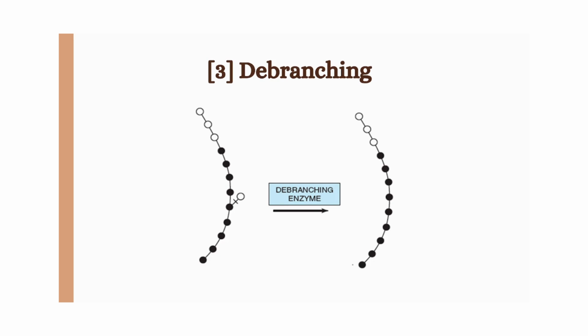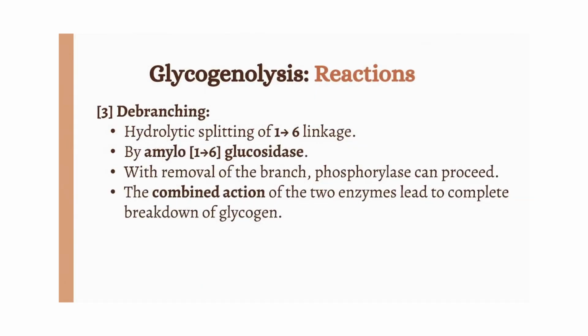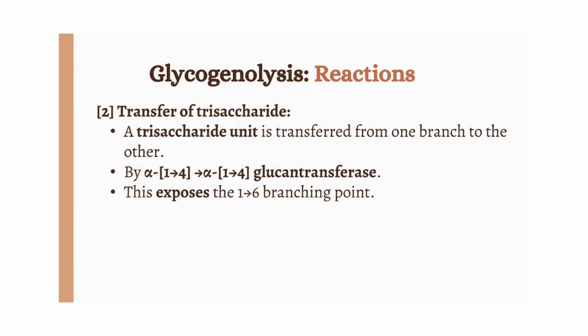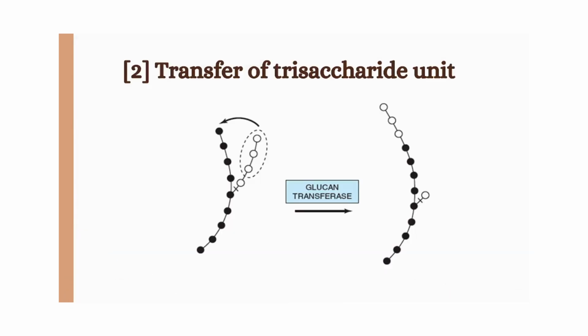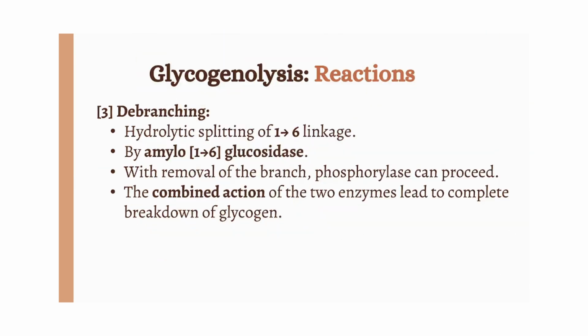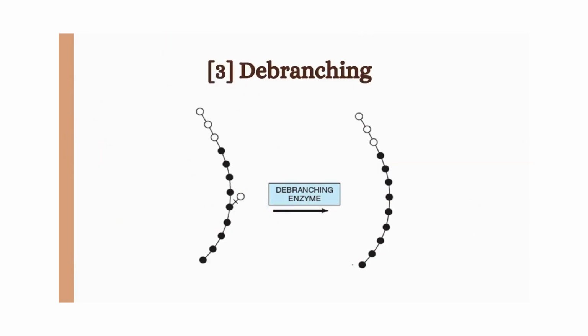Glycogen phosphorylase will act upon the length of the branch until it reaches a branching point, where the combined action of amylo 1 to 6 glucosidase and the glucan transferase will ensure that the branching point is accessible to continue the action.